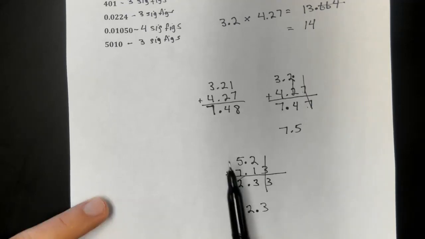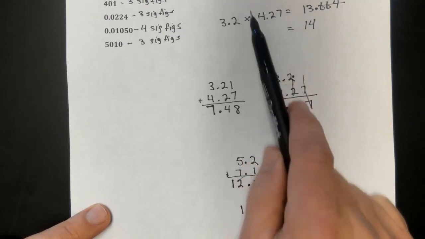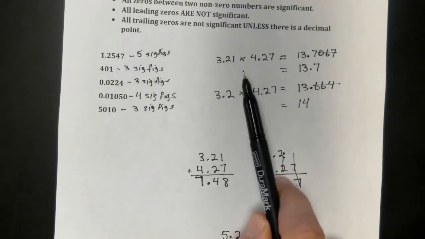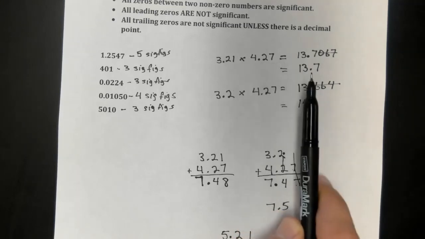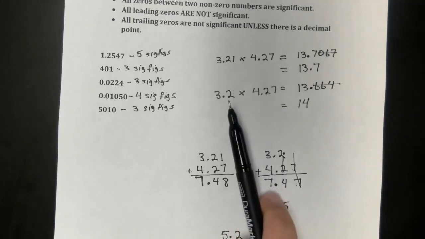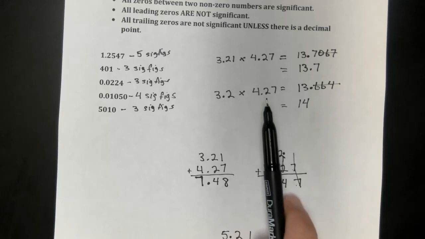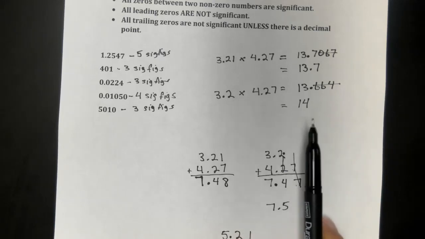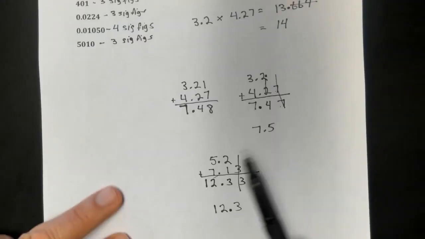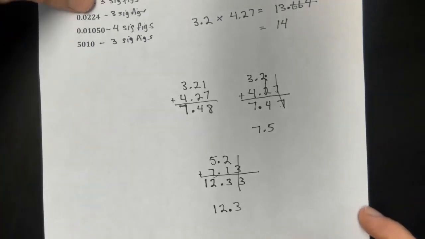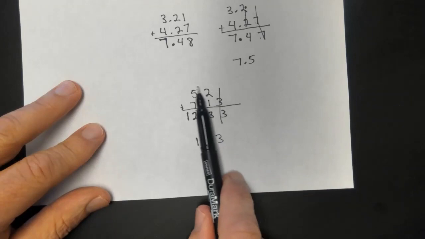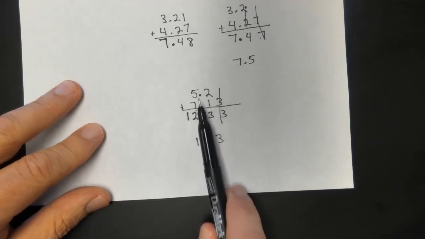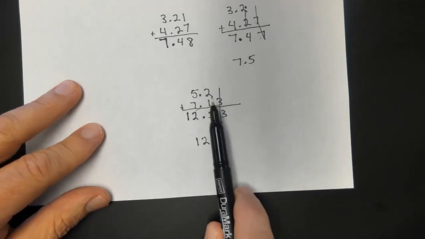Now note, it's a bit different than the multiplication and division up here. In multiplication and division, we had 3 significant figures in both these numbers. That limited our answer to 3. We only had 2 significant figures here, 3 over there. This limited our answer to 2 significant figures. Down here, a bit different. We have 2 significant figures in this value, 3 significant figures here.